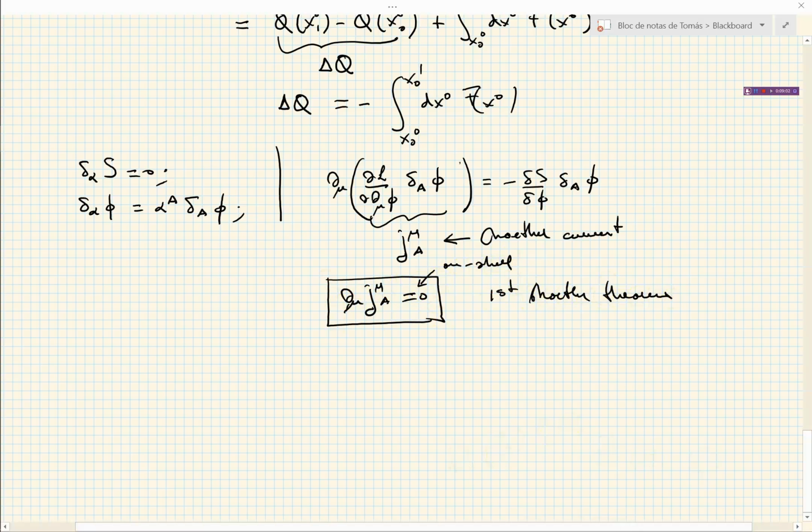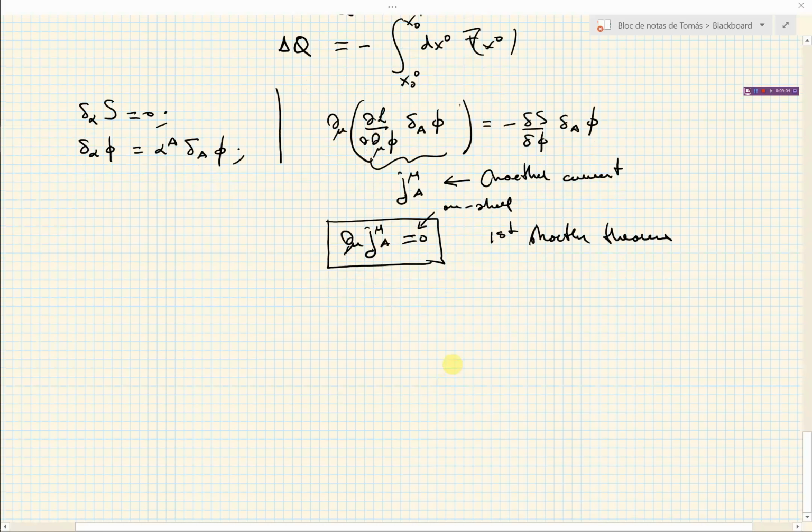Okay, as we did in the case of mechanics, the first generalization is what happens if the action is not exactly invariant. So this is not zero, but it is the integral of a total derivative. And now total derivatives have this form, so it will depend on the particular transformations alpha that we consider.